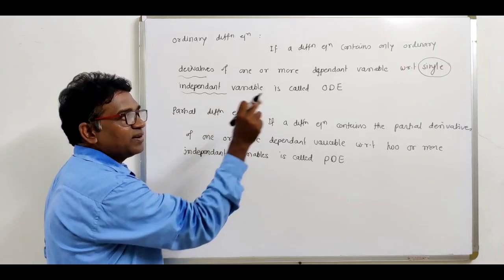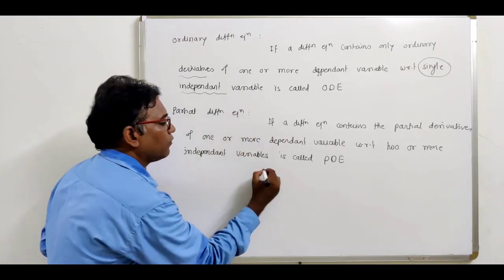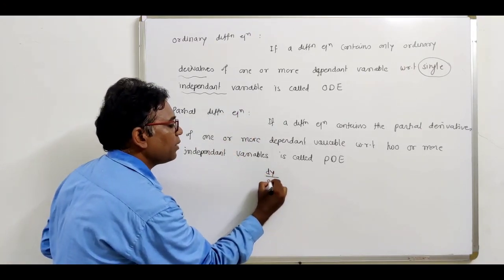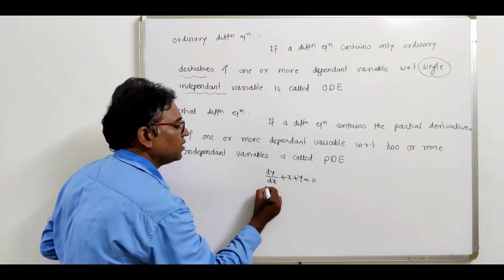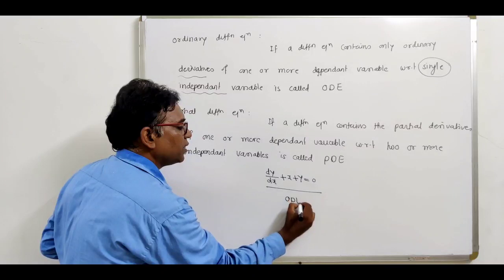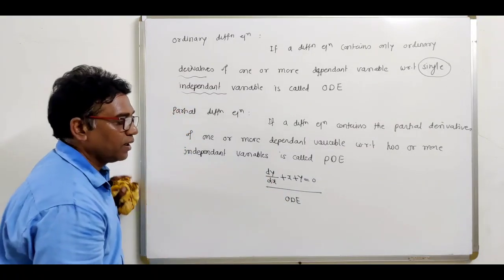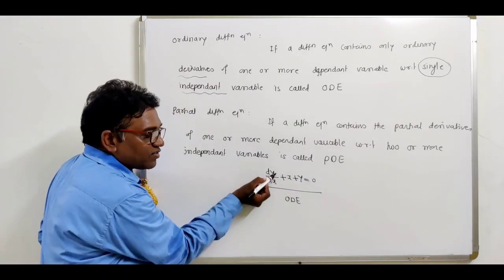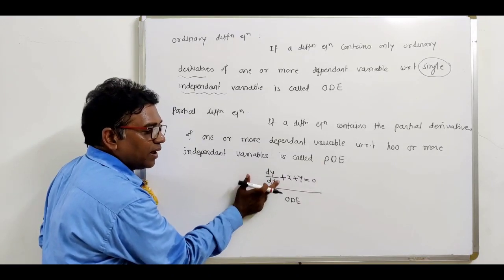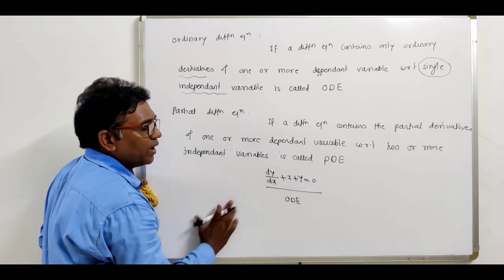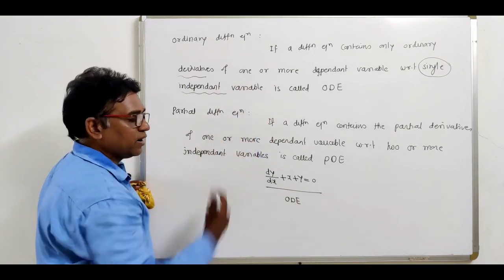We require just one independent variable. For example, dy by dx plus x plus y equal to 0. This is called an ordinary differential equation, because it contains just one dependent variable with respect to a single independent variable. It may contain one or more dependent variables.